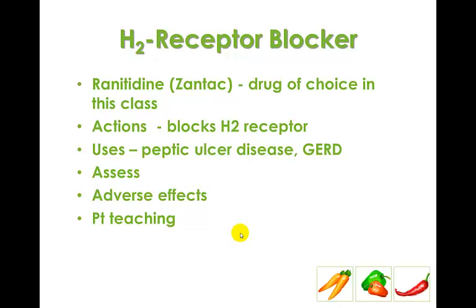Its action is just what it says. It blocks H2 receptors. H2 receptors are found in the GI tract, and they stimulate the production of gastric acids. So if we block the receptor, then we suppress the volume and the acidity of stomach acid.